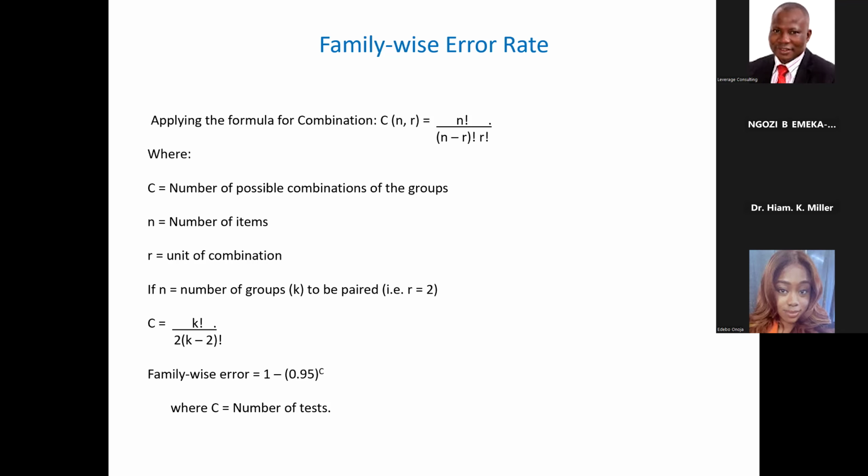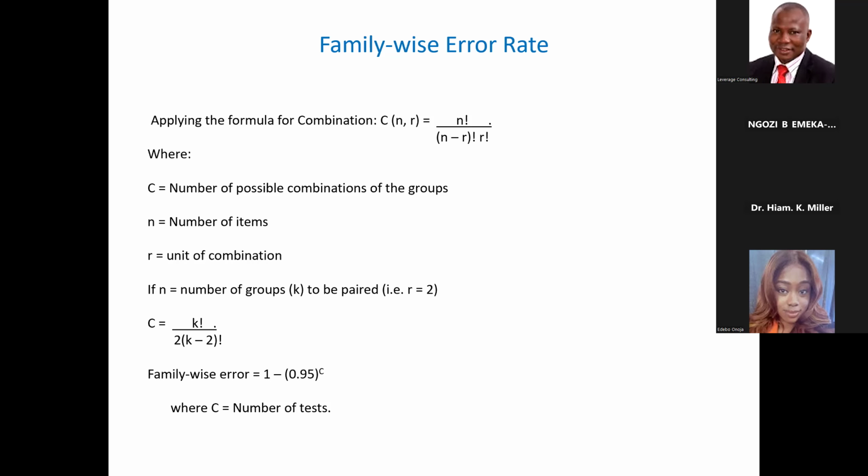So if they replace the n with K, the combination is K factorial over 2 factorial into K minus 2 factorial, because you want to pair.